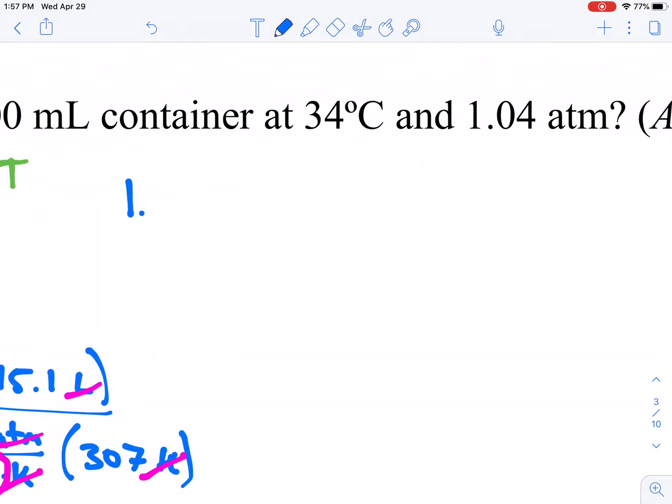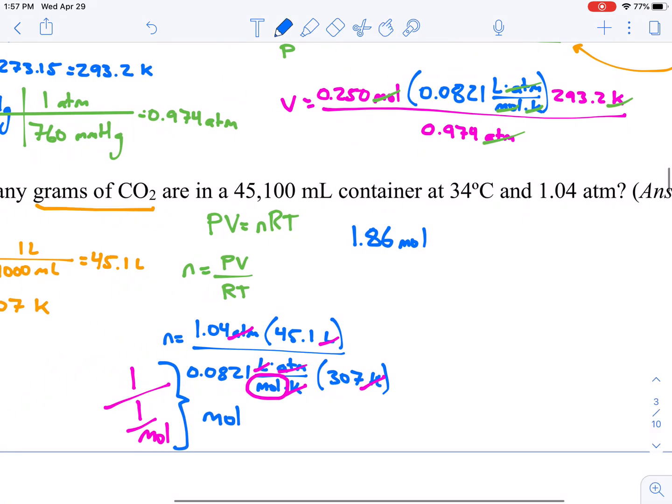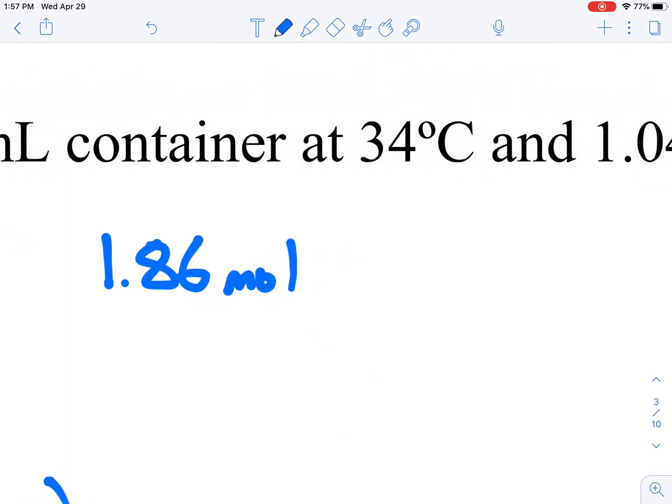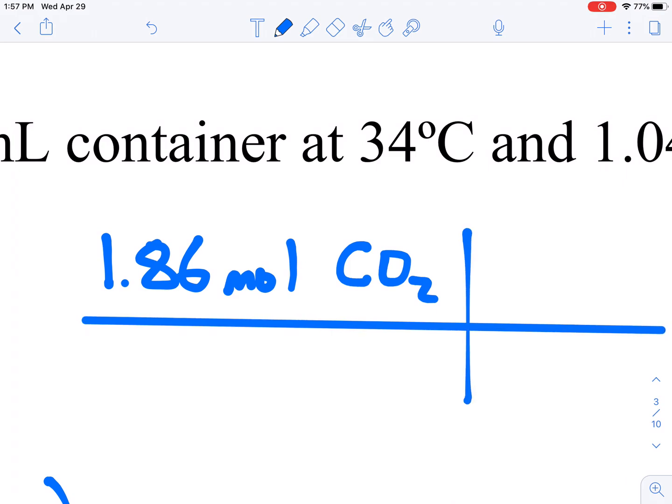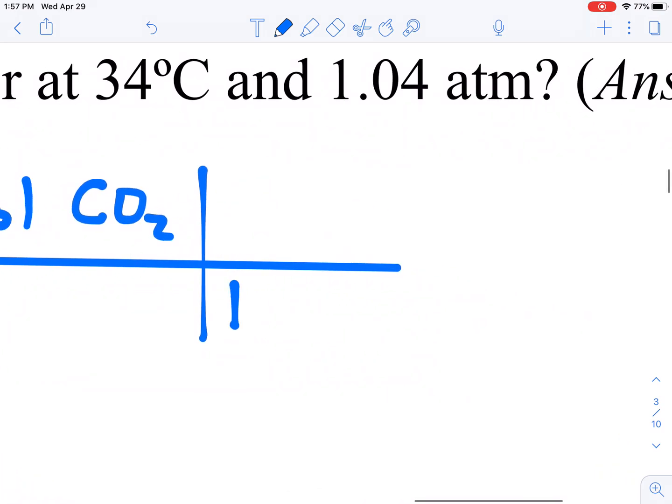So when we solve this, we will get a unit of moles, and it turns out that the number we get with 3 sig figs is 1.86 moles. Remember that the question says that we're dealing with CO2, but it asks for grams. So we have 1.86 moles of our gas. Our gas is CO2. We need to figure out from the periodic table, in 1 mole of CO2, how many grams are there? And you can feel free to calculate the molar mass. We've done that several times this year.